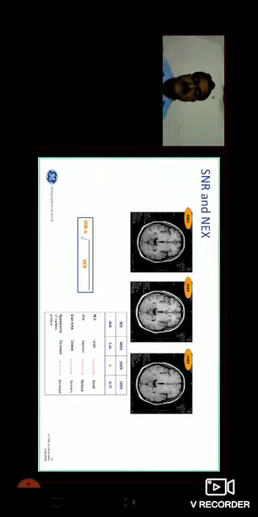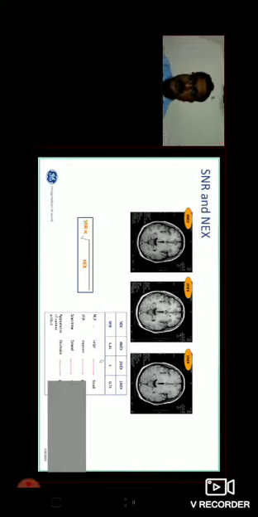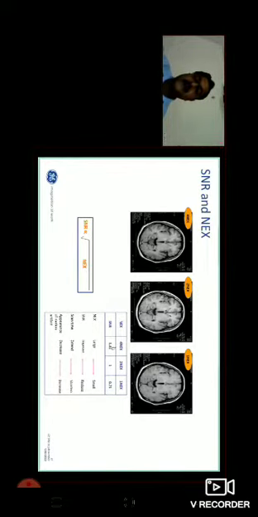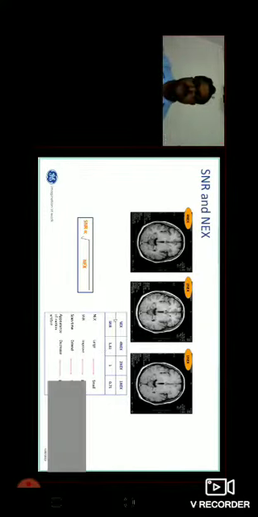It's not a direct proportion. As you see in this picture, I increase the NEX from 2 to 4, and the SNR increased from 1 to 1.4. Not a huge difference from switching the NEX from 2 to 4.